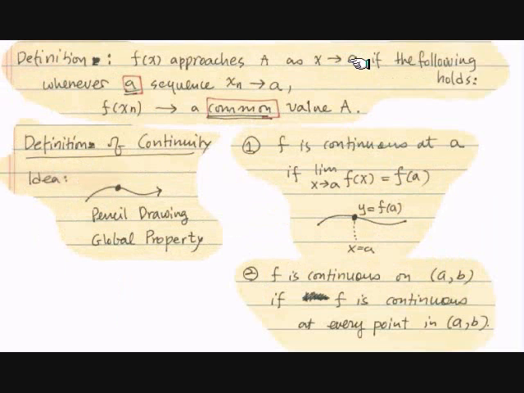So let me summarize. What we wanted to define is this notion of continuity. And to do that, we had to use this idea of f of x approaching f of a, the values around that. This is written here, values around x equals a. And in that notion, this x approaching a needs to be clarified.